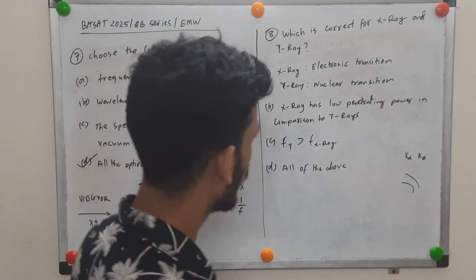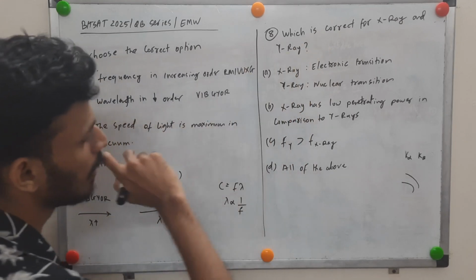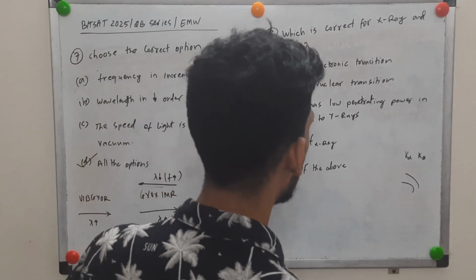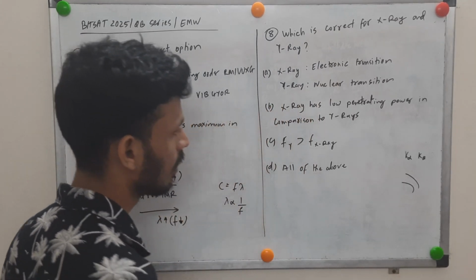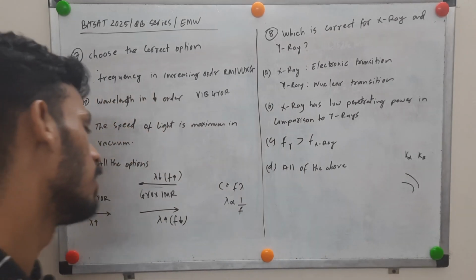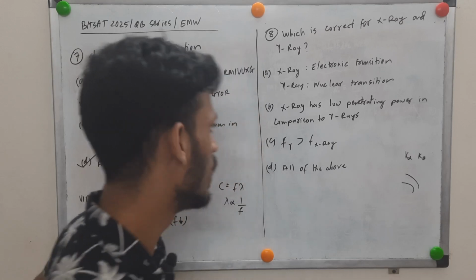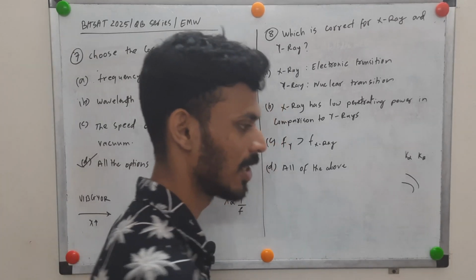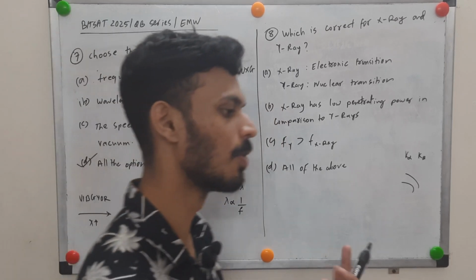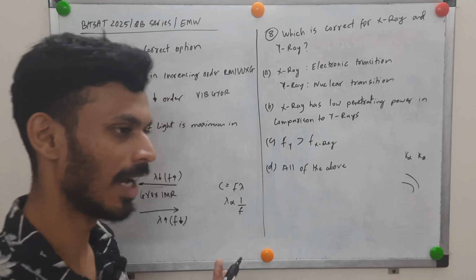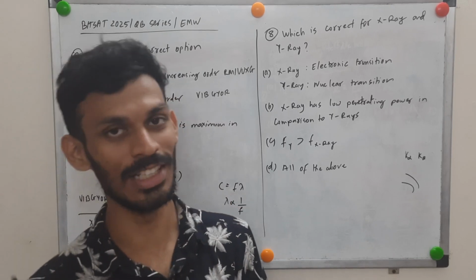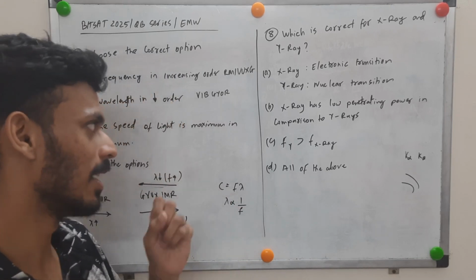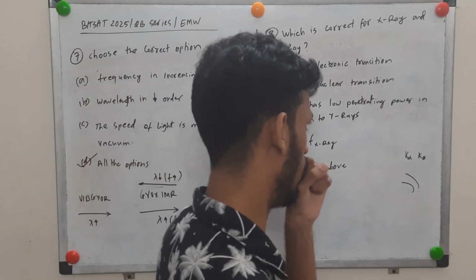Then let's verify the other options also, or only this will be correct. X-ray has low penetrating power in comparison to gamma ray. This is also true. How can you relate to this? One application of X-ray is medical, right? It is used to pass through your body and get the image of where the fracture is. How is it able to do this?